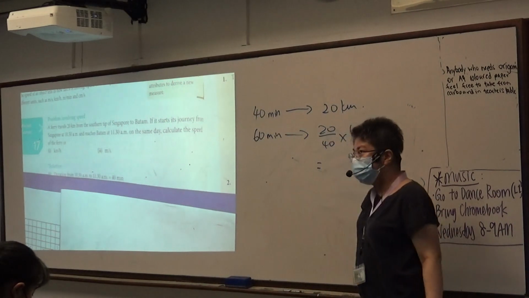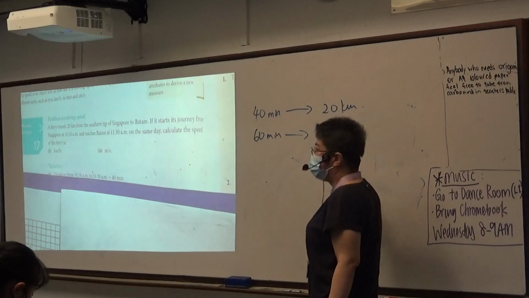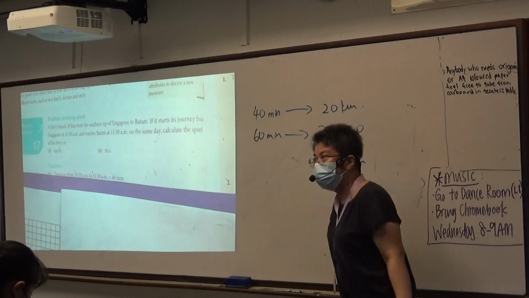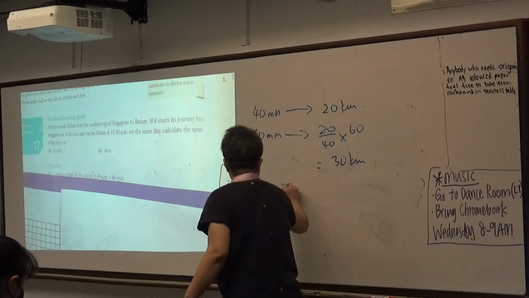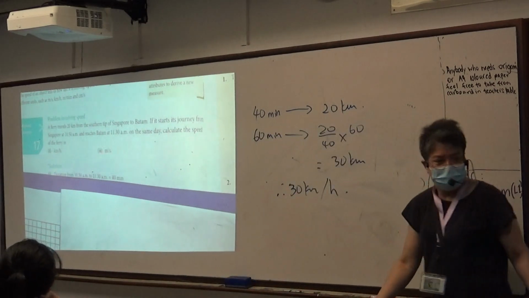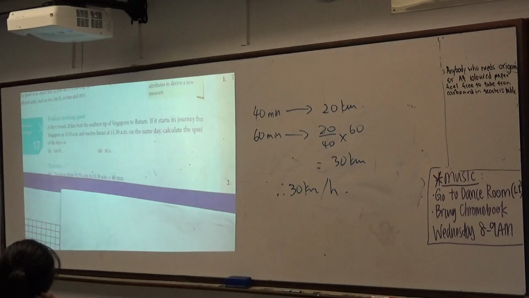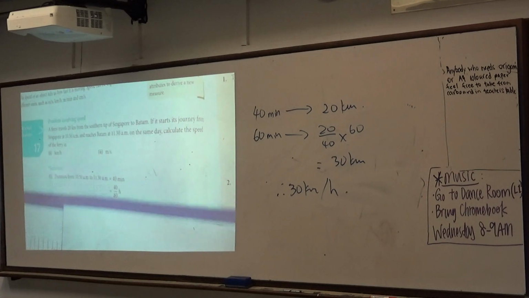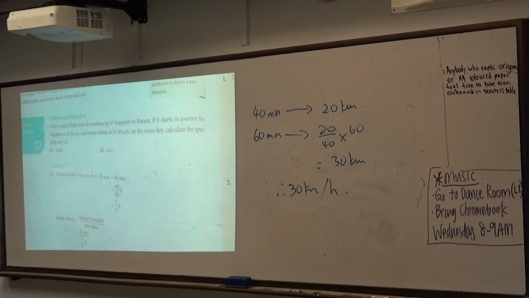So how much is this? 30 kilometers, okay? So the speed will be 30 kilometers per hour. Can you all understand? I'm doing it differently from the textbook because I don't like the textbook way of presenting. I find that students can understand better this way. Are we okay? Alright, so it's 30 kilometers per hour.